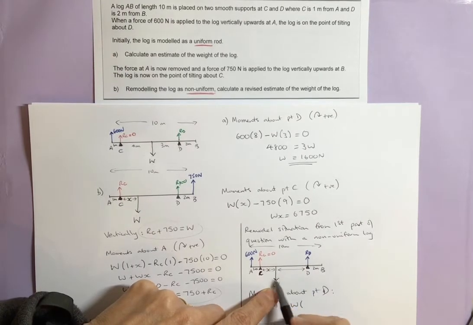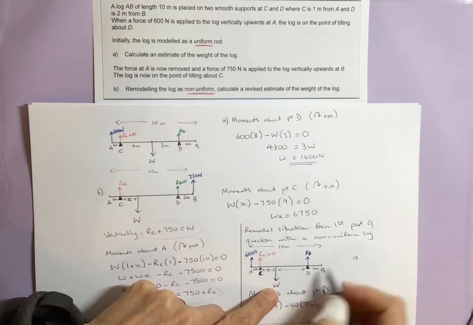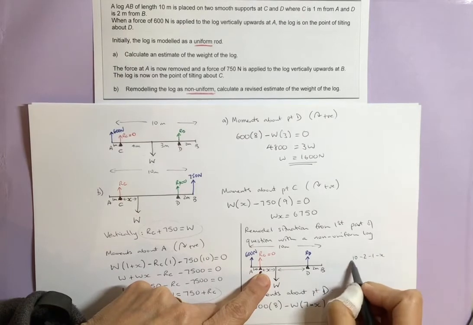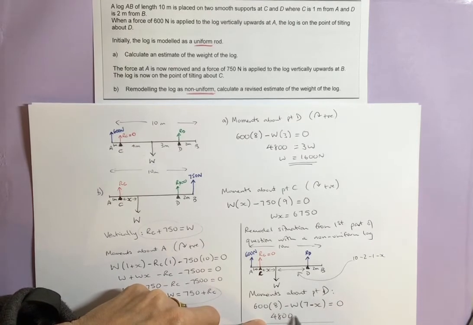Well, that's going to be, if the whole thing's 10, 1 and 2, so that's going to be 7 minus X. Okay, so that's going to be the 10 minus the 2 minus the 1 minus the X is going to give us that distance. And that's going to give me 0. So 4,800. Taking this over is 7W minus WX. So that's what we've got now.